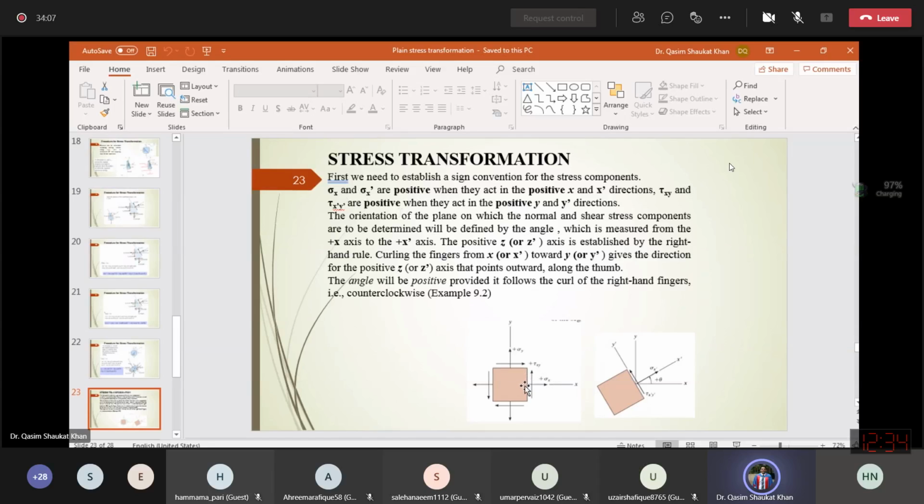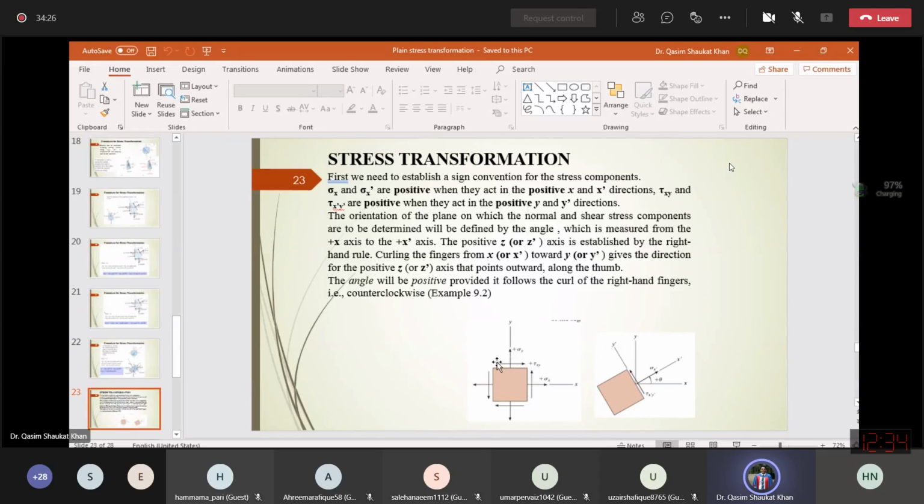Sigma x will be considered positive when it acts in the positive x direction. The shear stress tau xy is considered positive when it acts in the positive y direction.